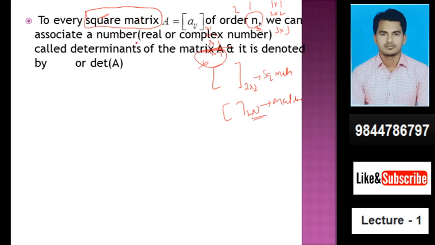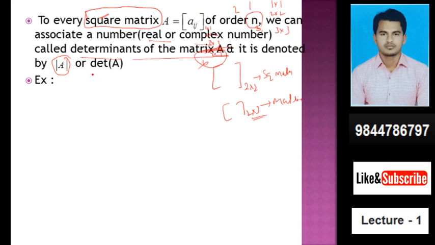We can associate a number. The number should be real or complex, called the determinant of the matrix A, and it is denoted symbolically like this. So don't say it is modulus of A. Be careful.